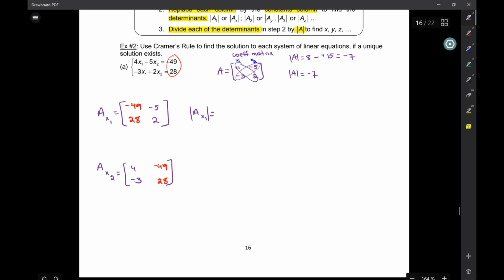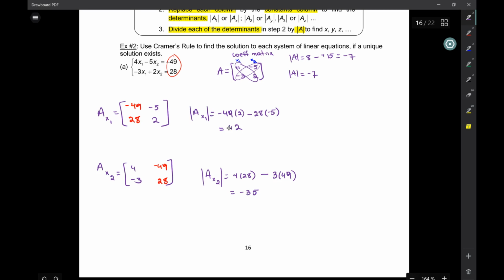That's going to be negative 49 times 2 minus 28 times negative 5. So now the AX2 determinant is 4 times 28 minus 3 times 49. That's negative 35.